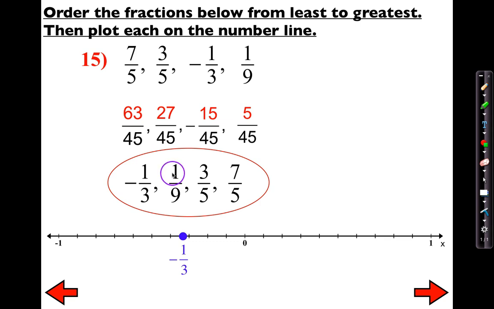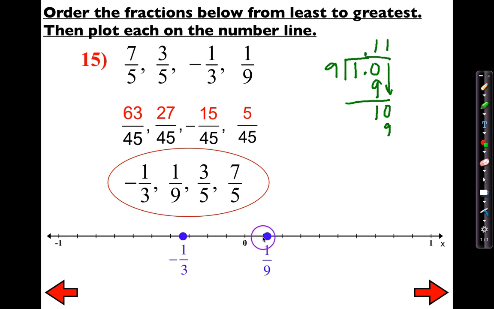If you ever question it, the best way I think would be to divide it so you can get an idea of where it falls. So if you did 1 divided by 9, that's going to go in about 1s with the remainder of 1, and you're going to notice it's going to repeat itself. So this is basically 0.1, and it is positive, so it's going to be somewhere here.